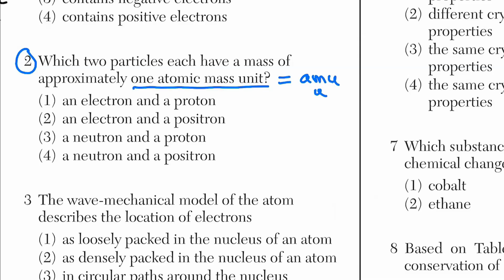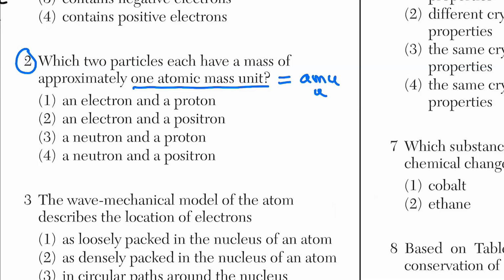So just understand that those are units made up to measure the relative amount of these tiny particles. They're basically asking in this question, which 2 particles have about the same mass? And if you saw number 1, we understood that protons and neutrons do.